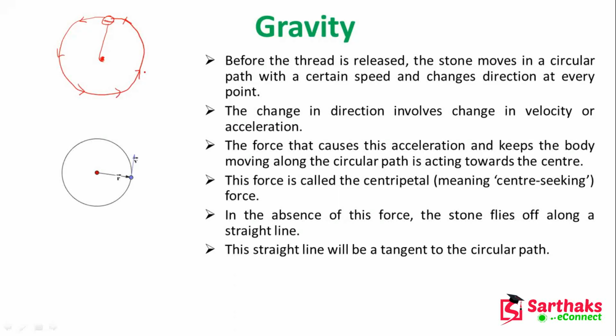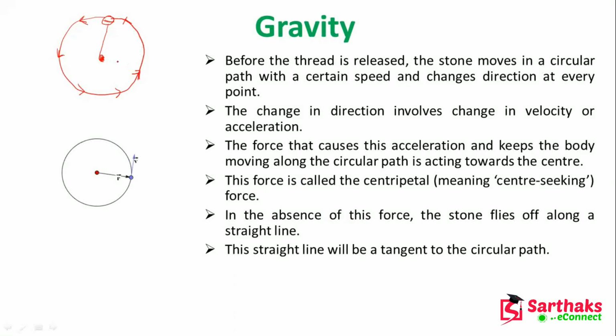There was a game like that. Before the thread is released, the stone moves in a circular path because you are holding it and applying force. With a certain speed, it obviously changes direction. First the direction is this one, then this one, then this one.